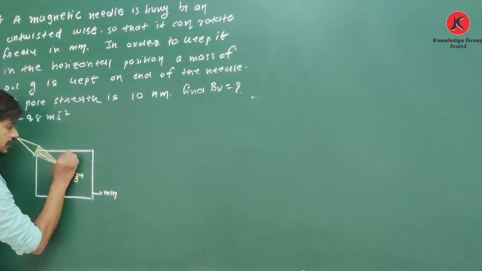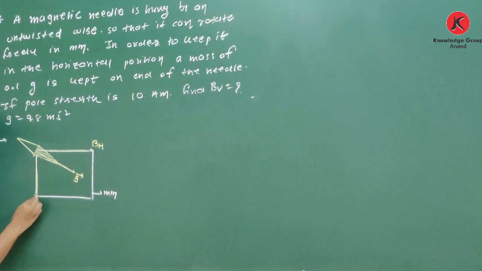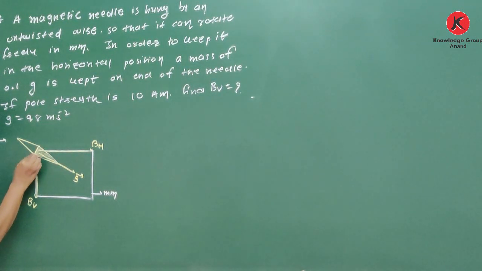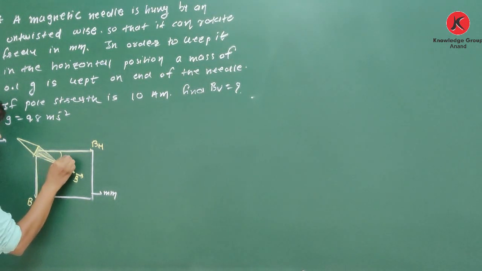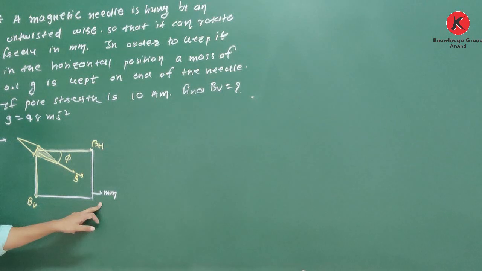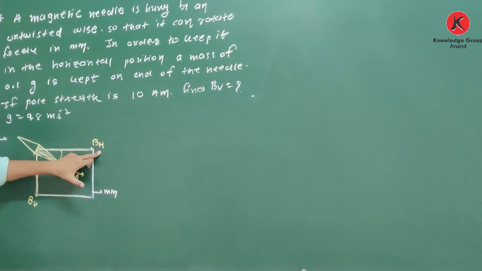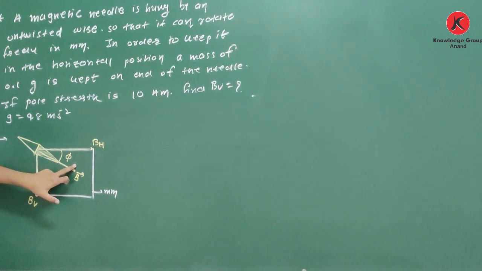There is the horizontal component of Earth's magnetic field, and the vertical component of Earth's magnetic field in this direction towards the center. This needle is at some angle with the horizontal, not in the horizontal direction, and it is called the dip angle. Yes, you know this figure. The magnetic needle in the magnetic meridian is tilted with the horizontal direction at some angle phi, that is called the dip angle.